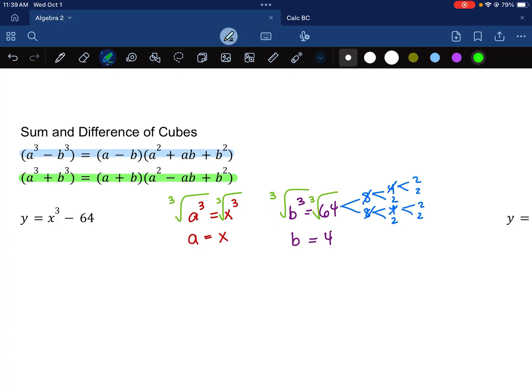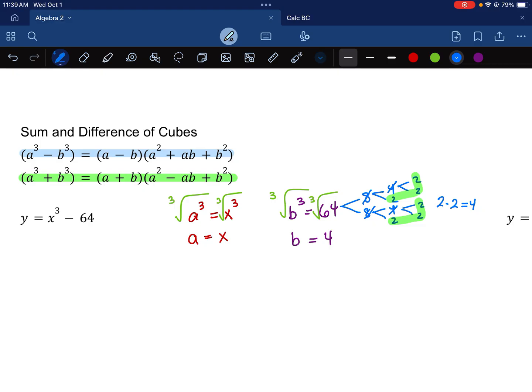So here we have three 2's and here we have three 2's. So they would come out of the cube root as 2 times 2, which is a 4. So that's how b is equal to 4. You could also use your calculator to cube root, and I'll let your teacher explain that to you if you need help with that. All right, so you have your a, you have your b.